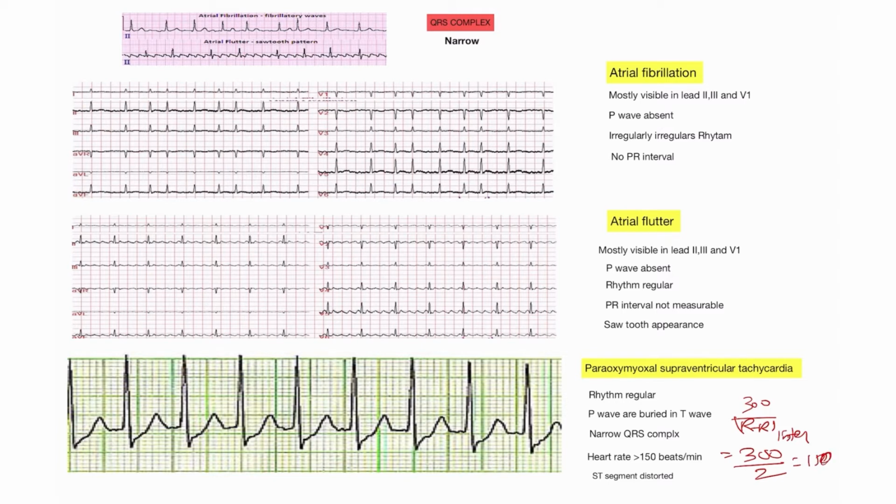The heart rate is greater than 150, so this is tachycardia, also called paroxysmal supraventricular tachycardia. In these cases you also see ST elevation.